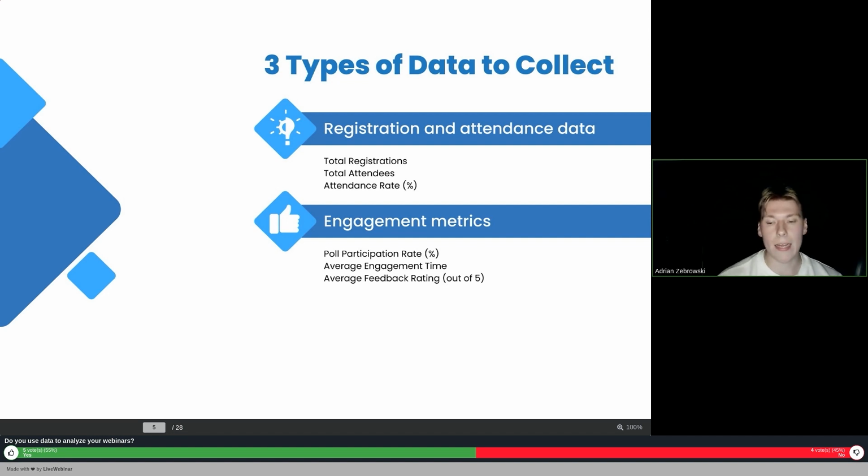So let's say our event lasts an hour. Each user has a period of engagement that they've been a part of the event for, and it's all added up and then divided by the total number of attendees in the room.